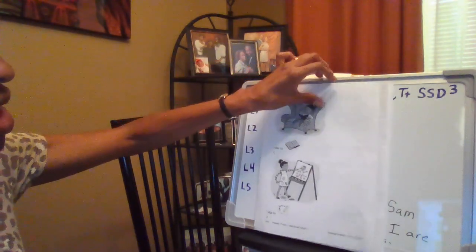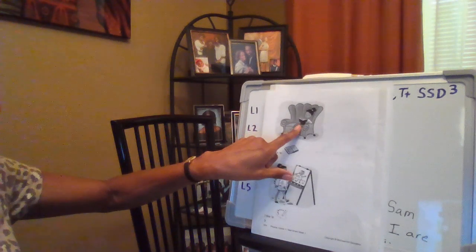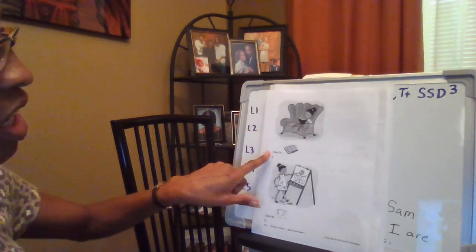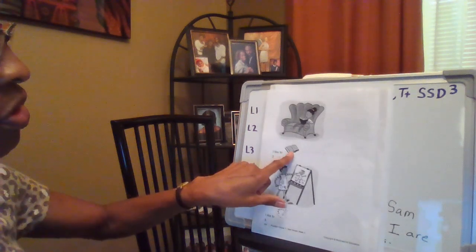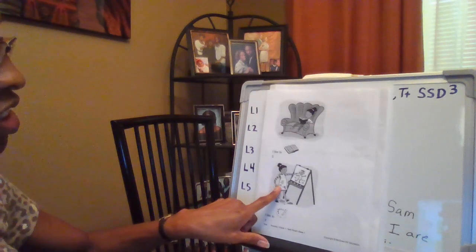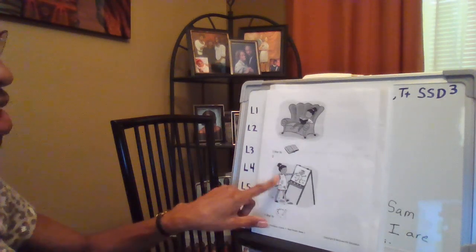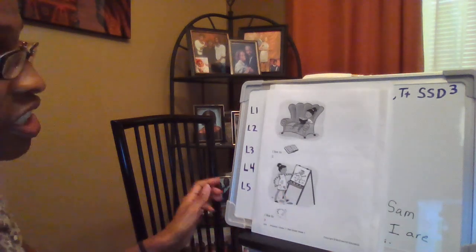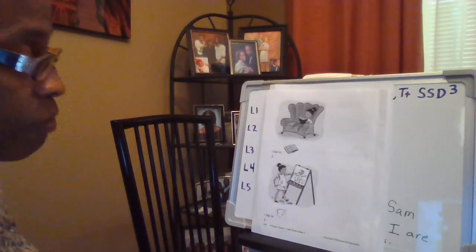And then you turn it over on the other side. What is she doing? She's reading. I like to read. And then you look at the next page, the next picture. What is she doing? She looks like she's drawing, right?